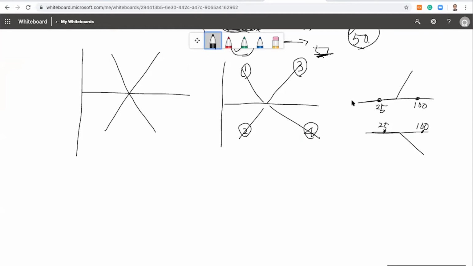So, okay, I'm going to read another one. This one is the long position. This one is the short position. This one is long, and this one is short.